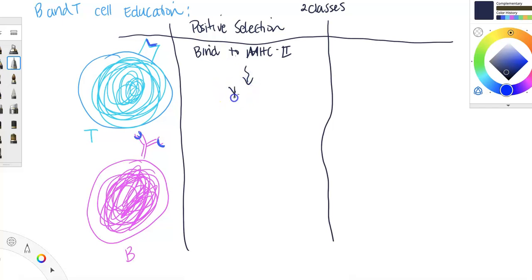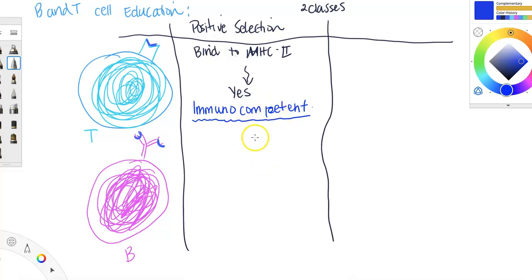If the answer is yes, then that means that the cell is immunocompetent. So if the cell is immunocompetent, then it can be activated.